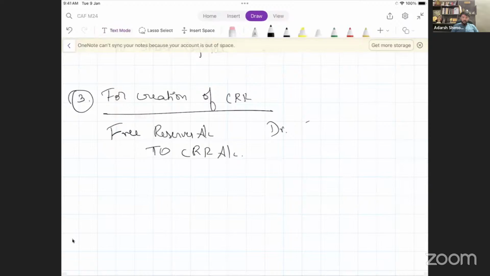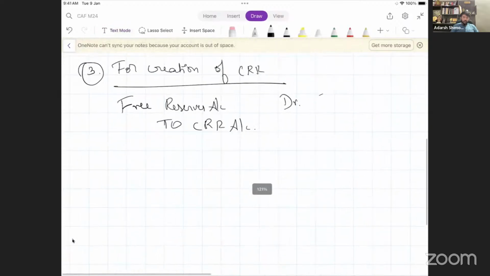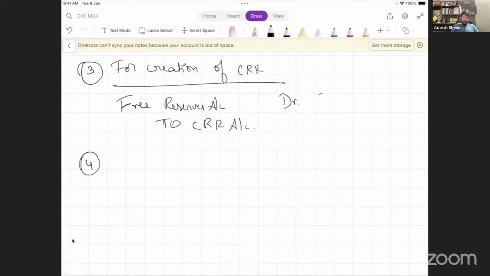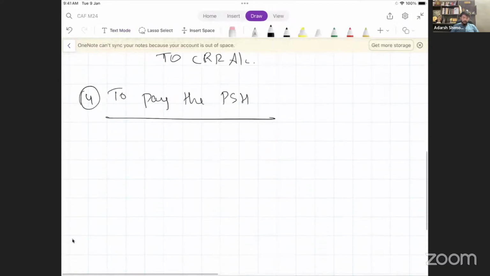After this, once you follow section 55, next you can do the repayment. Repayment entry, preferential holders account debit. You have already passed the due entry, right? Payable entry is already passed, liability is already credited, now the payment.